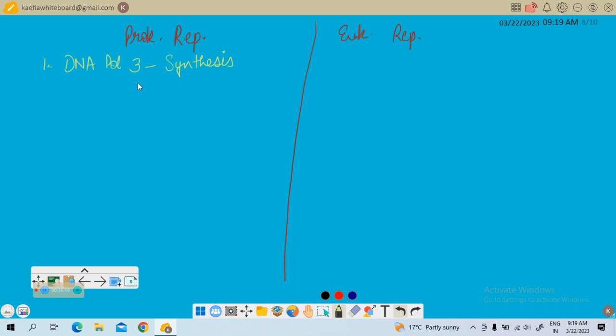Then DNA polymerase 1 removes RNA primer. Now DNA polymerase 2 helps in DNA repair, and it has 3' to 5' exonuclease activity.